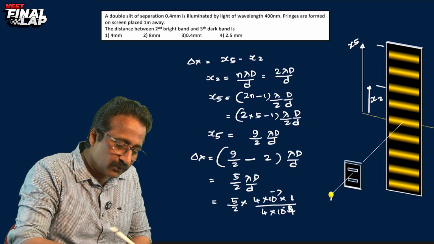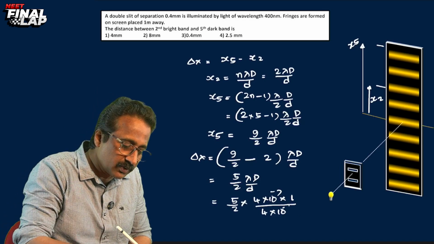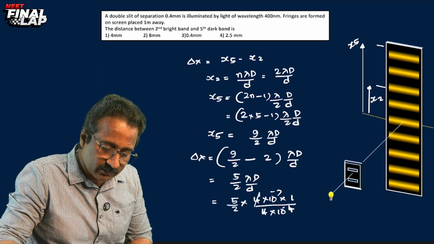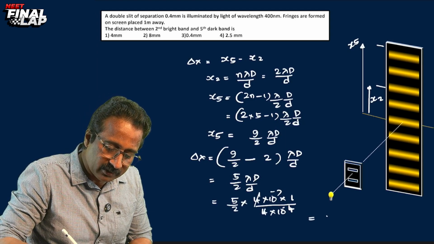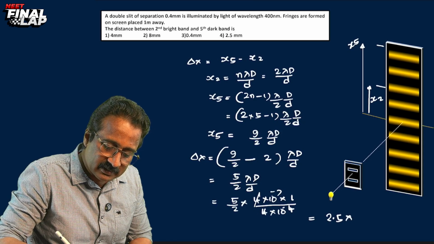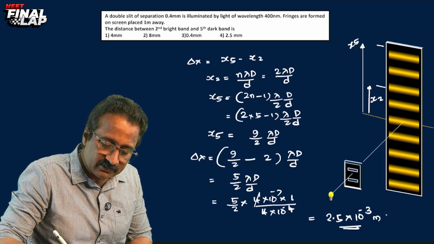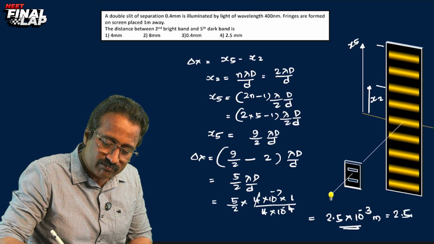So this is the substitution. Cancelling 4 and 4, 5 by 2 gives you 2.5. Here is my answer: 2.5 into 10 raised to minus 3 meter, or in other words, 2.5 millimeter.